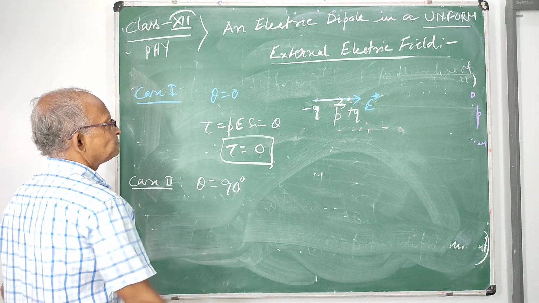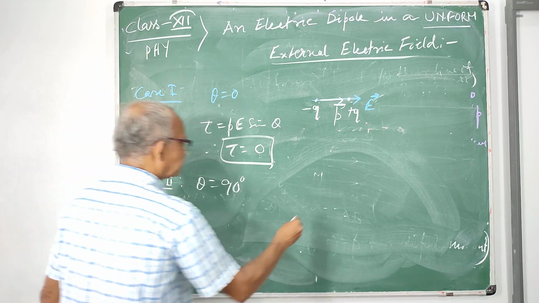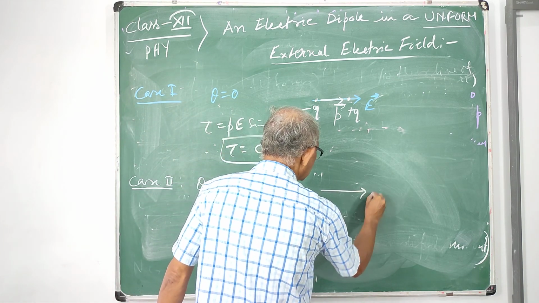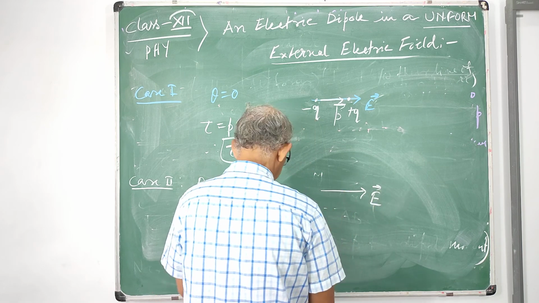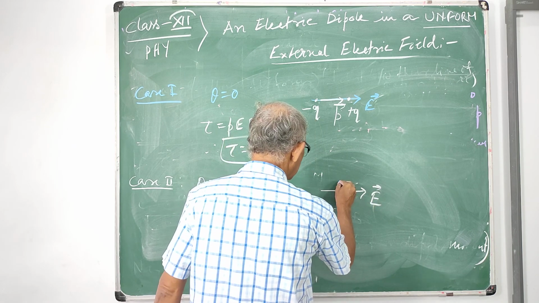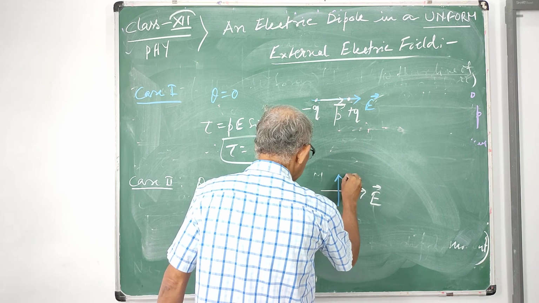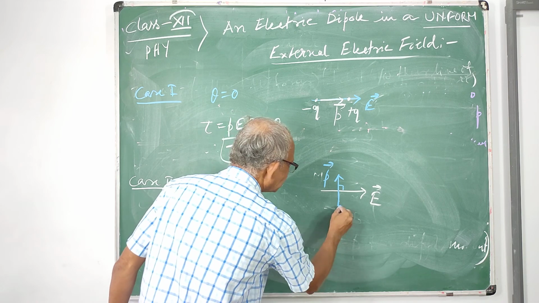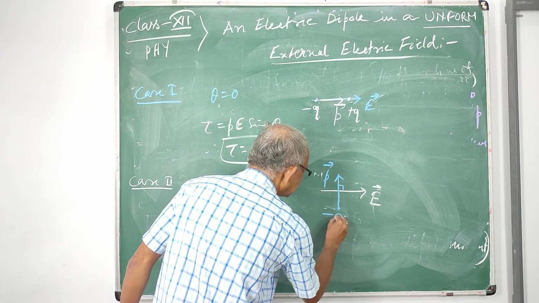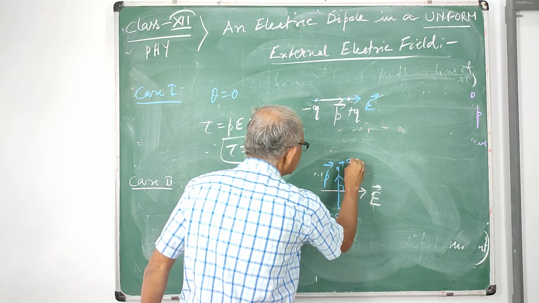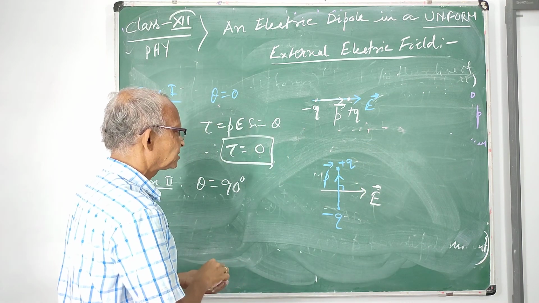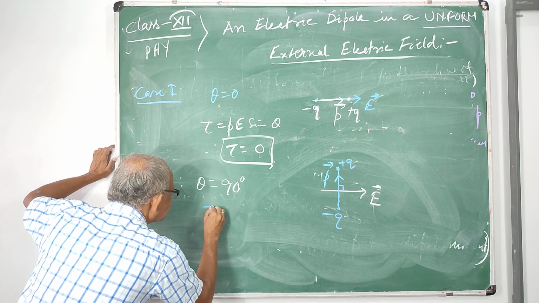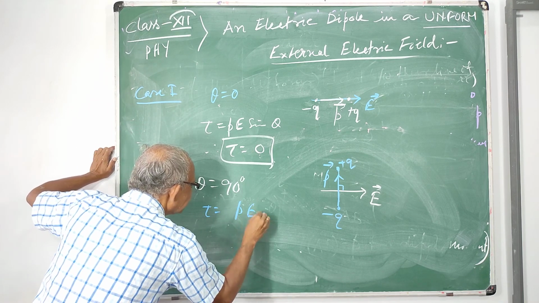Now if it is 90 degrees, perpendicular, this is E and this is P, with minus Q charge here and plus Q charge here. In this case, tau equals PE.